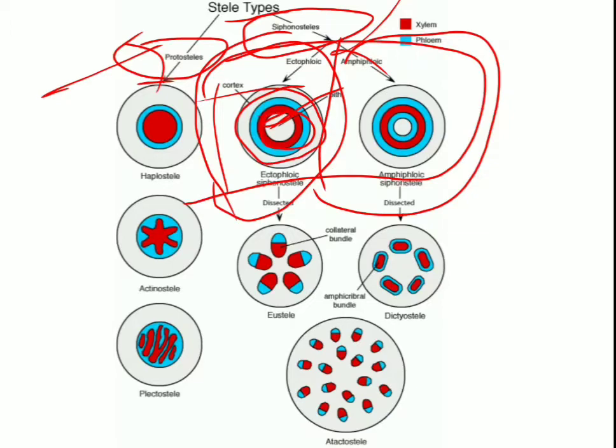This type of stele is known as ectophloic stele. Then amphiphloic stele: the middle part is pith, then phloem, then xylem, and then phloem again. In amphiphloic siphonostele, phloem is present on both the inner side and outer side of the xylem, and this type of arrangement is known as amphiphloic siphonostele.